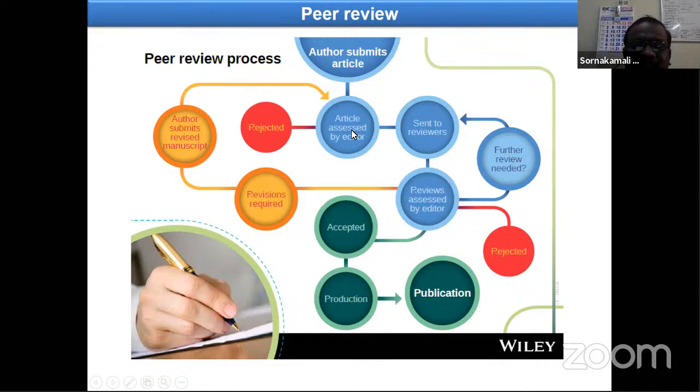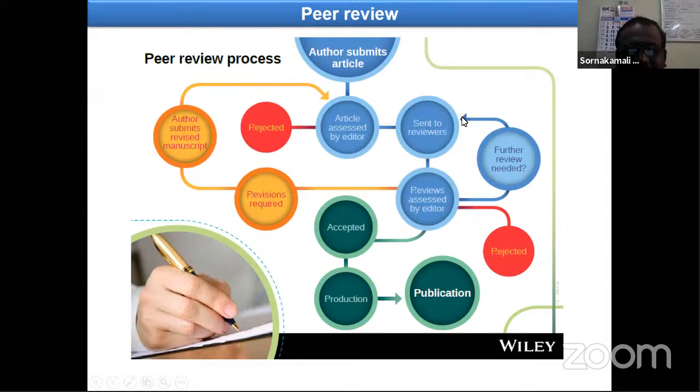If not, then the editor-in-chief himself rejects the manuscript. Once it is sent for review, the reviewer sends the recommendation. Based on the recommendation, the editor-in-chief decides whether a revision has to be given or the paper has to be rejected. Once the revision has been given, the authors are requested to revise the manuscript according to the reviewer comments.